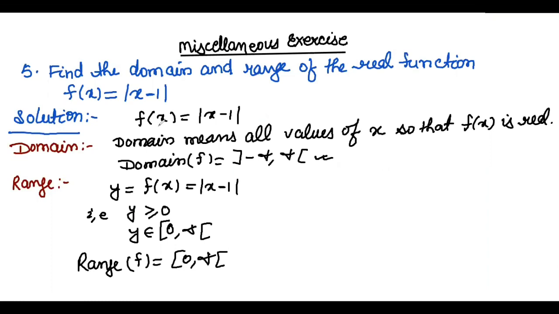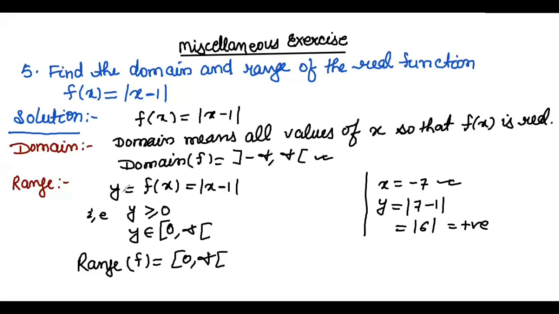Now we will find out the range. For the function mod of x minus 1, why are we always getting positive? No negative value we will get. You can apply any number. If I'm applying x equals minus 7, a negative value, then what am I getting here? Mod of minus 7 minus 1, so it is mod of minus 8, and positive I'm getting. So for any value of x, we are getting y always positive.